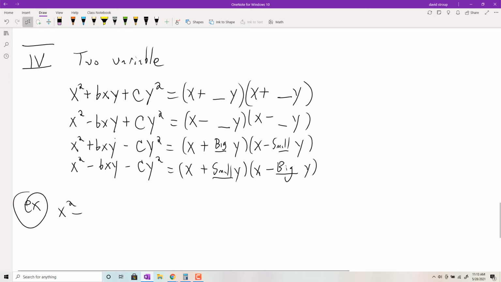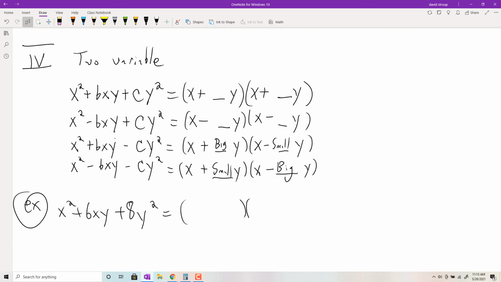So x squared plus 6xy plus 8y squared. Okay, so automatically it's a plus plus, so x plus, x plus. And then you could put in the y's if you want. And then we're looking for two numbers that multiply to 8 but add to 6.